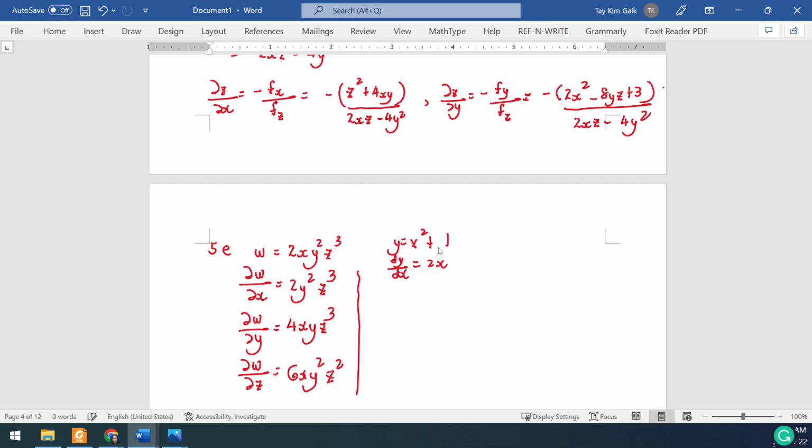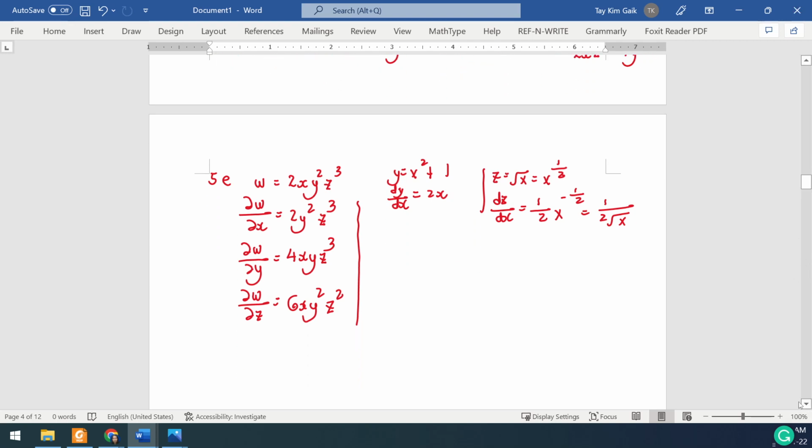So 2x. Y is one parameter, so this is dy/dx. Z is the square root of x, x power half. So dz/dx, you have half x power negative half, which is half square root of x at the denominator.